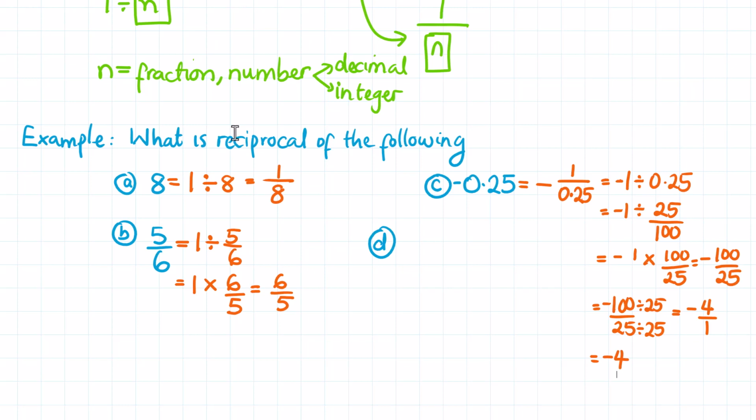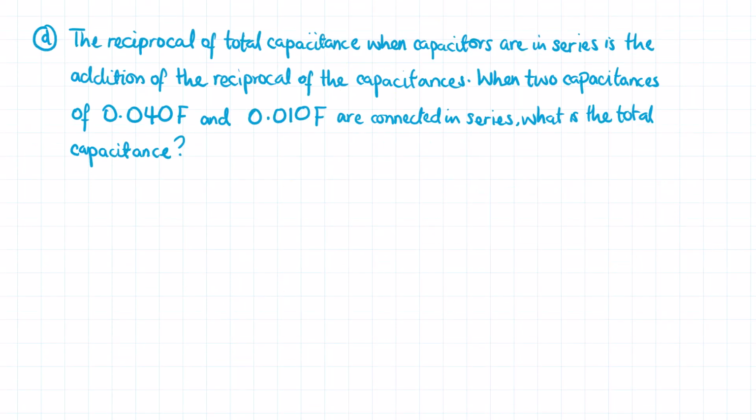And now finally for D. Given this question, we are asked to find the total capacitance, where 1 over the total capacitance in series is equal to the sum of the reciprocals of the individual capacitors.